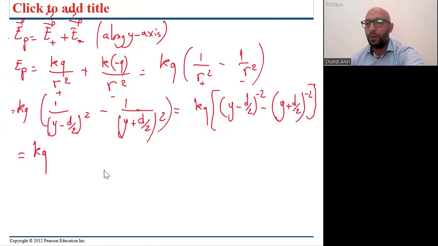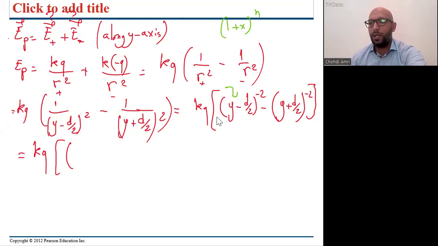So let's write here KQ factor of. At first we have to write this y out to get 1 plus x to the power n. So we will factorize in terms of y.